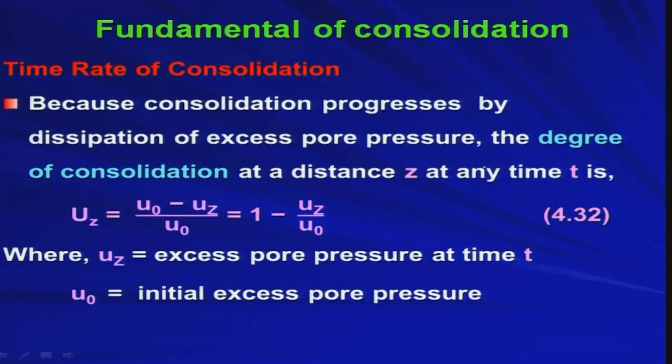U_z, the degree of consolidation, is nothing but (u_0 minus u_z) divided by u_0, where u_0 is the initial excess pore water pressure and u_z is the excess pore water pressure at time t. You find u_z, the excess pore water pressure at that location at time t.